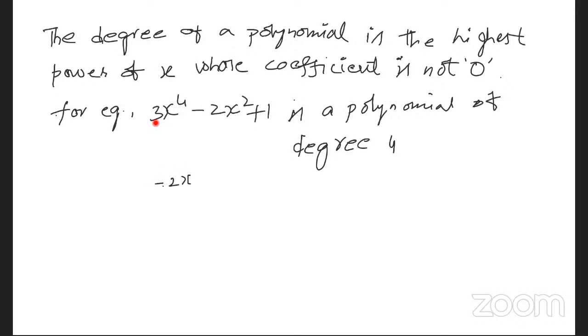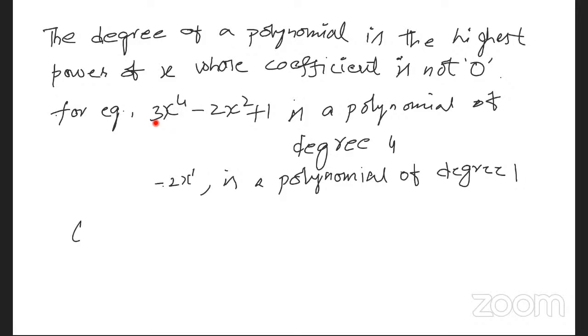Minus 2x is a polynomial of degree 1, since it is raised to the power of 1.